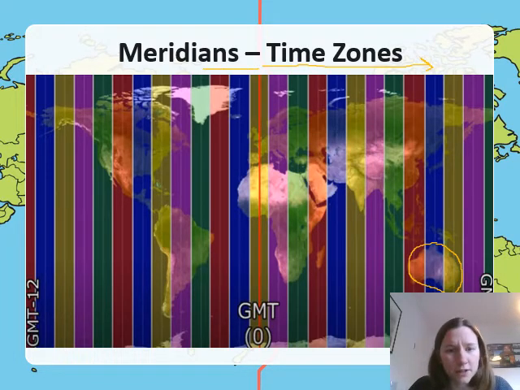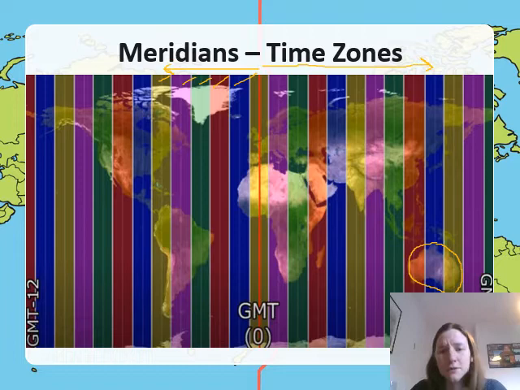For example, the time difference to the coast of America, if you can see here, is 1, 2, 3, 4, 5 hours behind the coast of the UK. If we're going forward to Australia, 1, 2, 3, 4, 5, 6, 7, 8 to that part of Australia is 8 hours in front. So if it's midday in the UK, it's going to be about 8 o'clock in the evening in Australia.